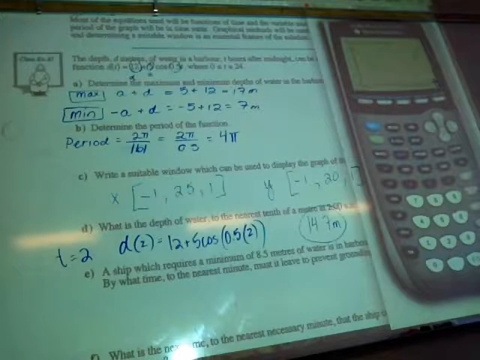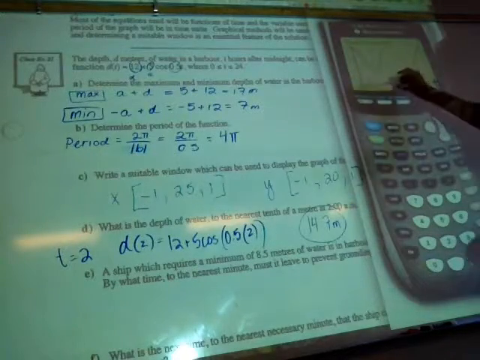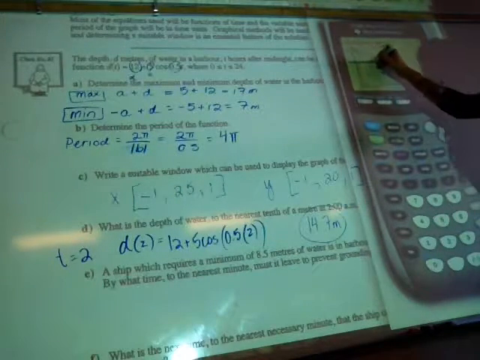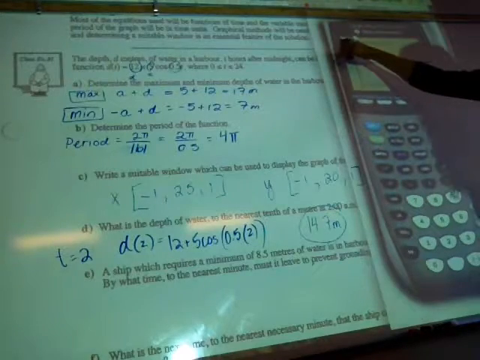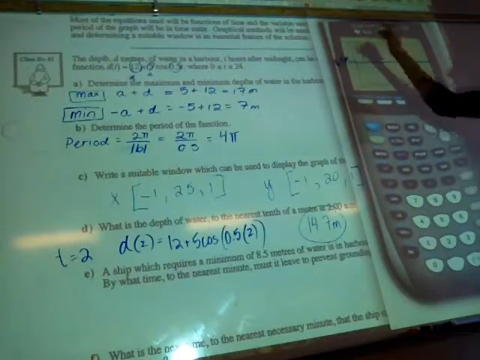So it tells us that a ship requires a minimum of 8.5 meters of water to be in the harbor. By what time, to the nearest minute, must it leave to prevent grounding? So what we're going to do is put in a y2, and our y2 is going to be 8.5 meters.